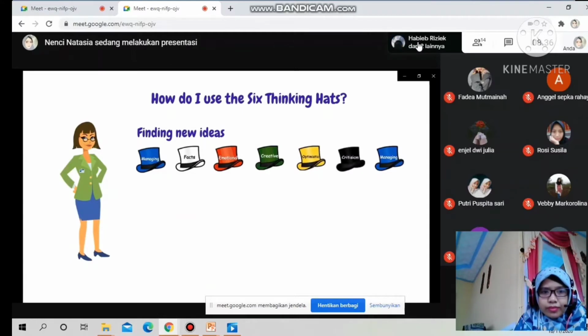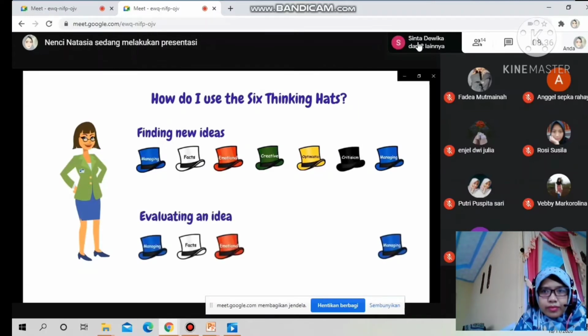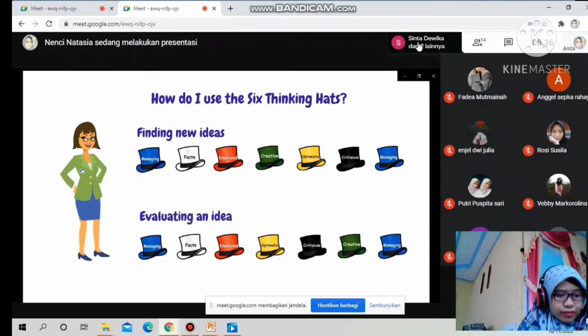First, you find the idea and then you evaluate it. If evaluating an idea or a situation is the goal, then yellow and black hat should be used before the green hat. The yellow and the black hat will evaluate the idea, and the green hat will find solutions for the risks that the black hat spotted.